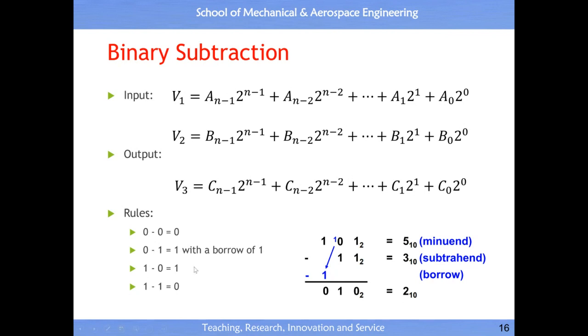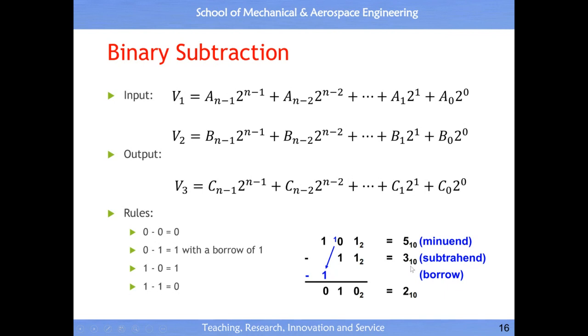So when you borrow 1, actually you borrow a value of 2. Then 2 minus 1 equal to 1. This is why you have a 1 here. If A is equal to 1, B equal to 0, then you have a 1. If A equal to 1, B equal to 1, then the result is 0. Okay, so something like that.